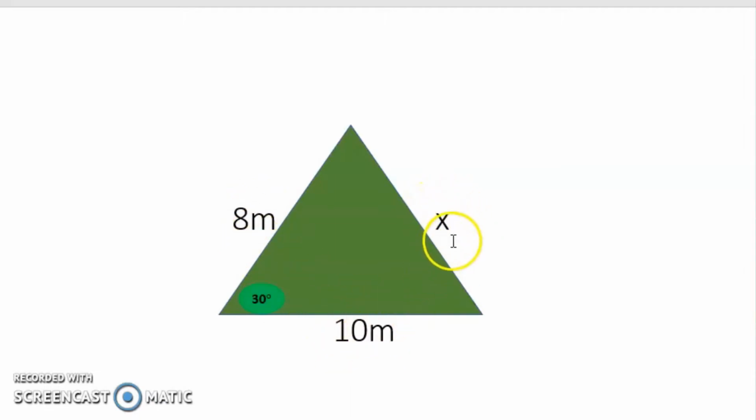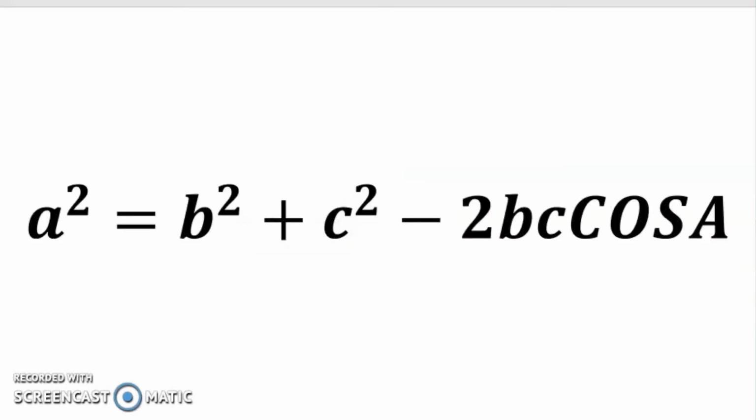Now, if I am asked to find x, the only way I can find x is to make sure that these other two sides are known and there is also an angle in between the two sides. So if this is confirmed, you are to use this formula.